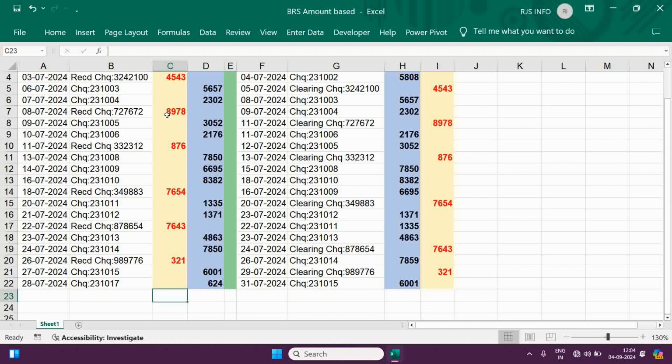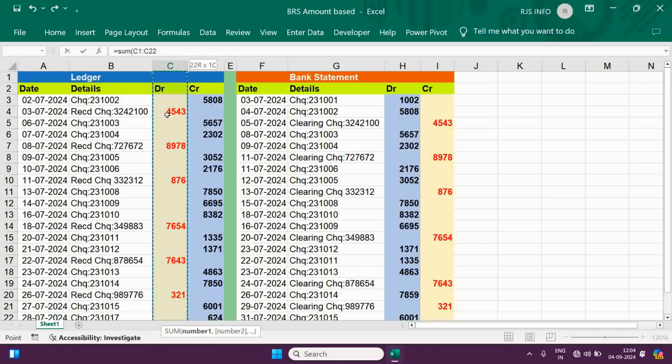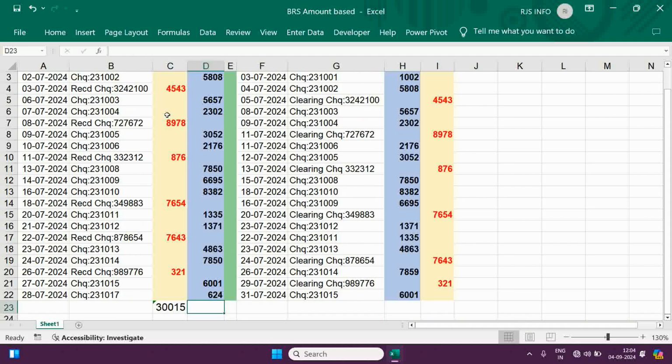So let's make the total, sum. Okay, it seems both totals are okay. Still, we have to check whether any previous months' outstandings are there, and based on that we have to reconcile it.